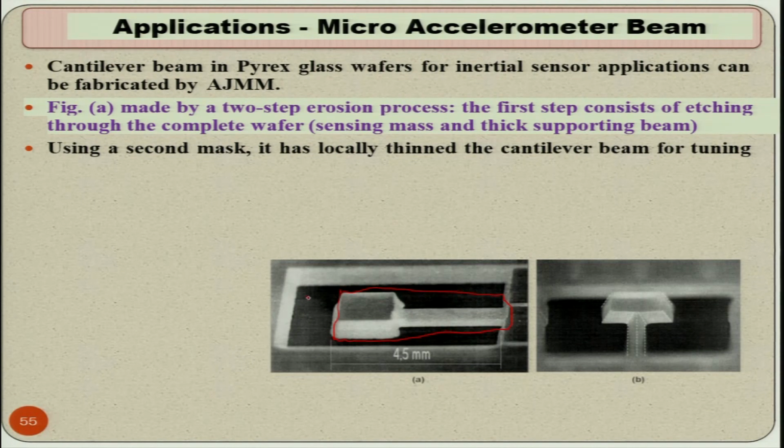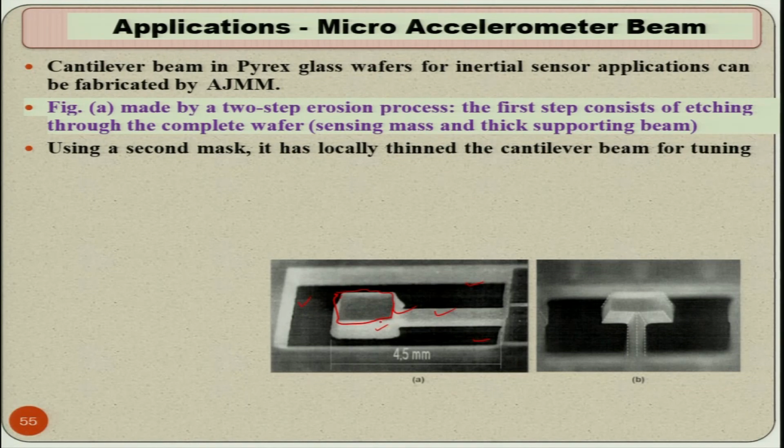And once you remove this material, remove this material, remove this material, in the second step, you use another mask such that you do not remove the material from here, and from the rest of the area you remove the material step by step, keeping it bare so that no mask is there, material will be removed.